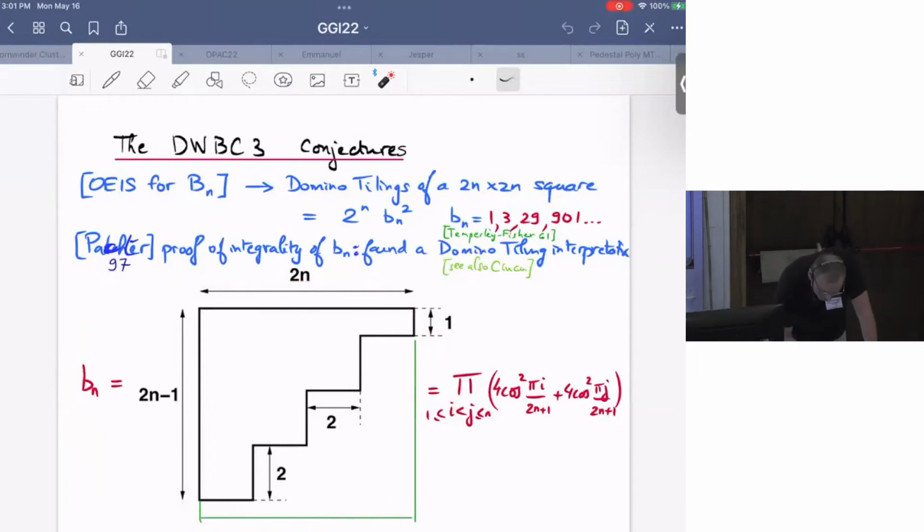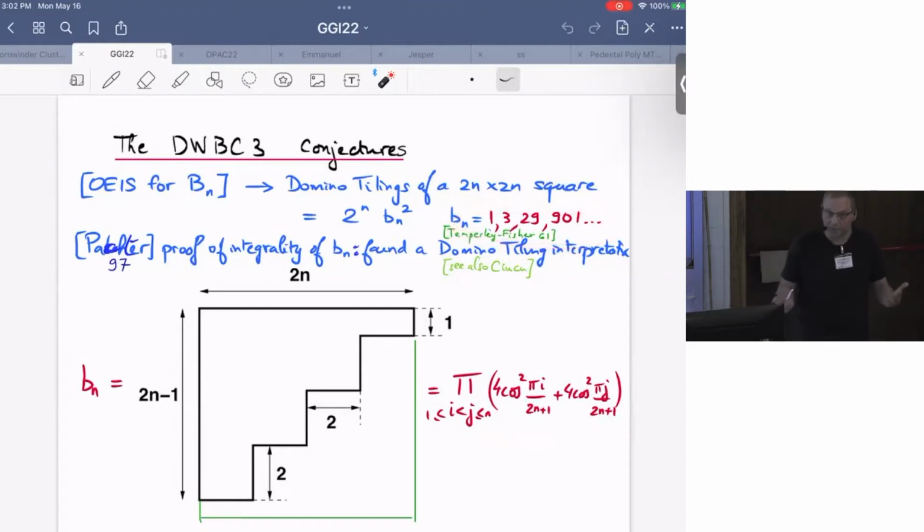But you have to cut your square in a very specific way with steps of 2 like this. So the domino tilings of this half square, or triangle if you want to call it, is given by the Temperley-Fisher formula as a product of eigenvalues of the Laplacian. And okay, it's not obvious that these things are integers, but they are, and you find this sequence.